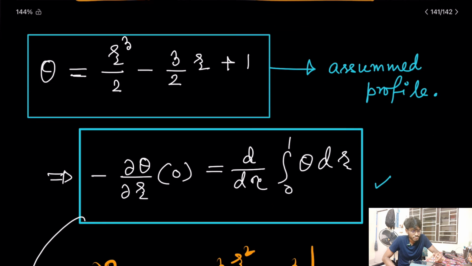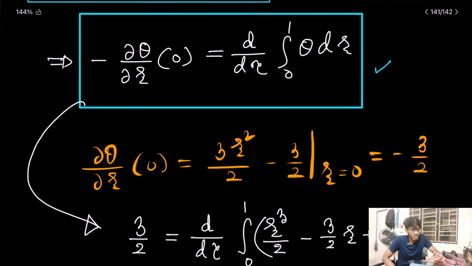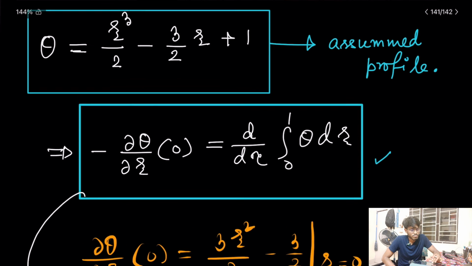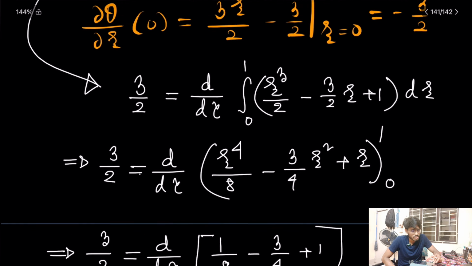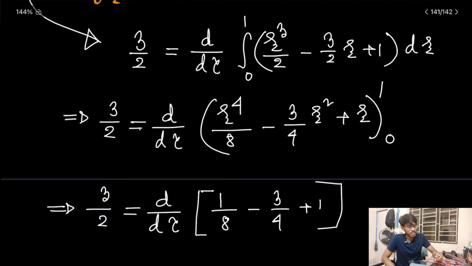So what I can do is, now I can write. This explanation is totally fine, this has no problem, but still now I can write zeta is equal to x by delta.